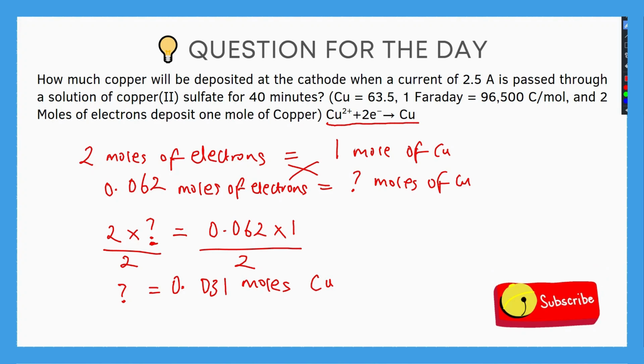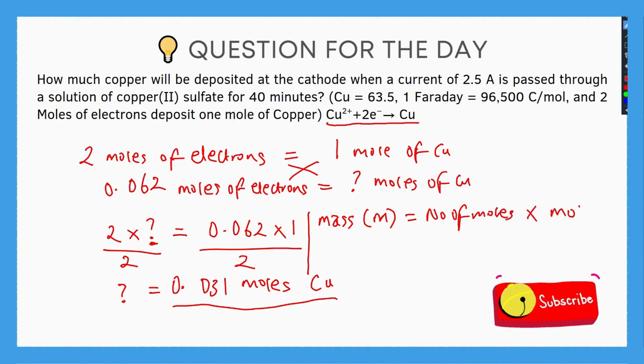Now that we have the number of moles of copper, we can use the formula that we stated at the beginning of this question, that the mass of a substance, M, is equal to the number of moles of that substance times the molar mass.